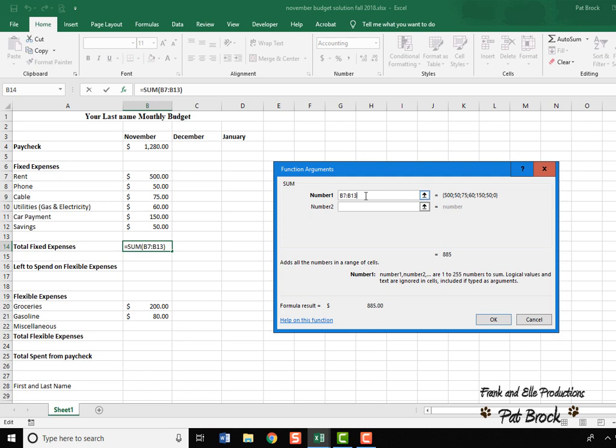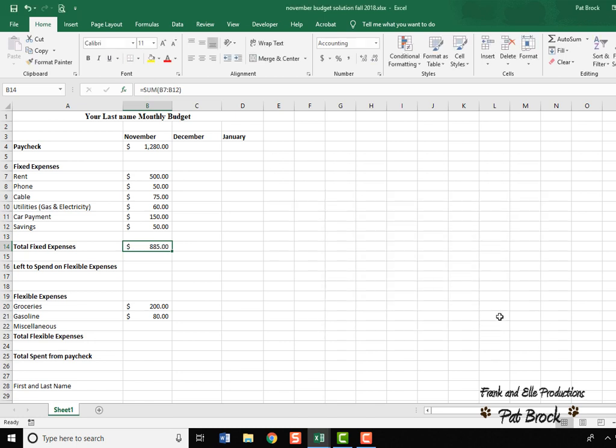So I'll type B7, colon, the 2 dots, and then the last savings is in cell B12. That's the last one I want my computer to look at. B12, and then click OK. That is my formula for fixed expenses: equals sum, B7 colon B12.